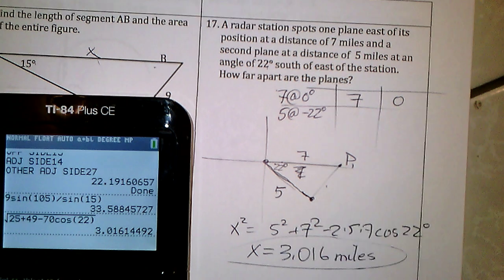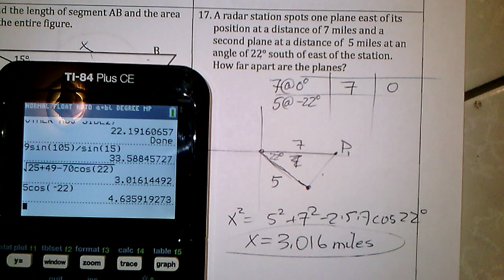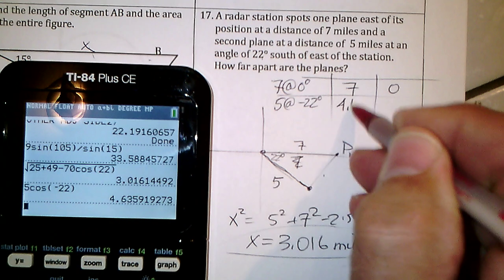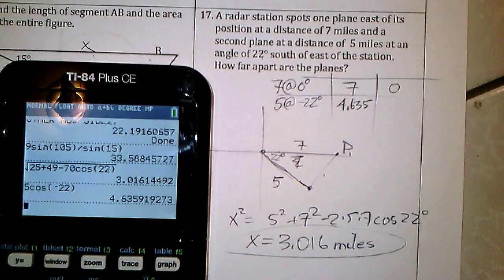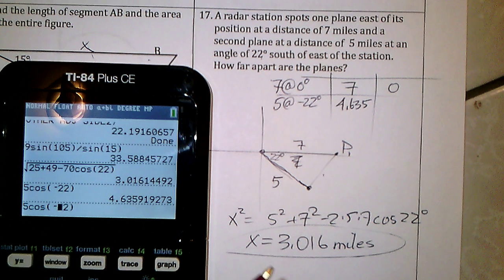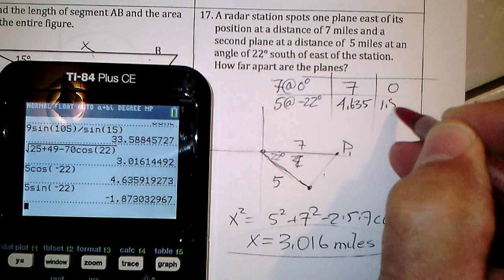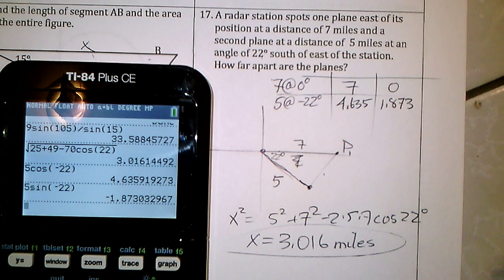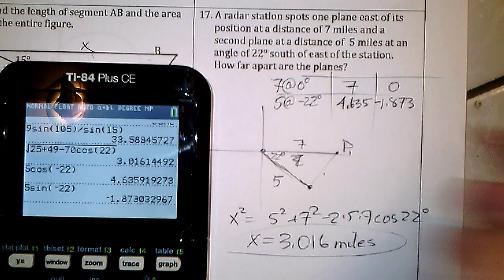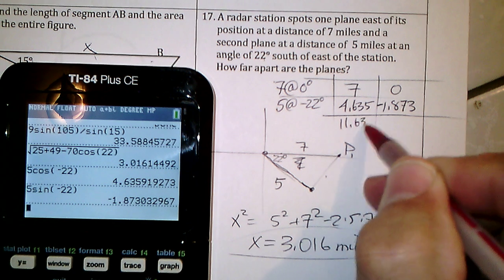So that would be 5 cosine negative 22, 4.635, and 5 sine of negative 22, which is negative 1.873. Add these up, we get 11.635.